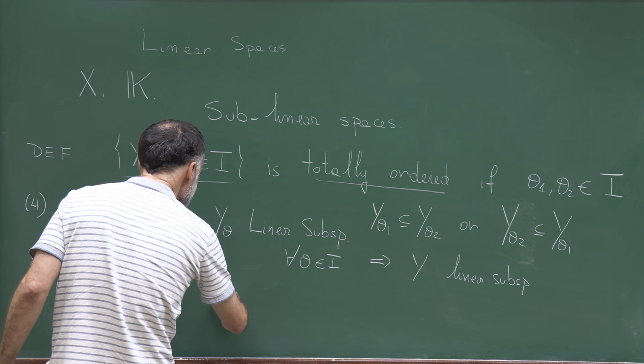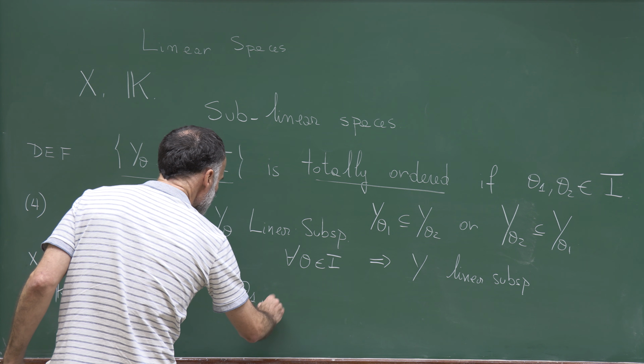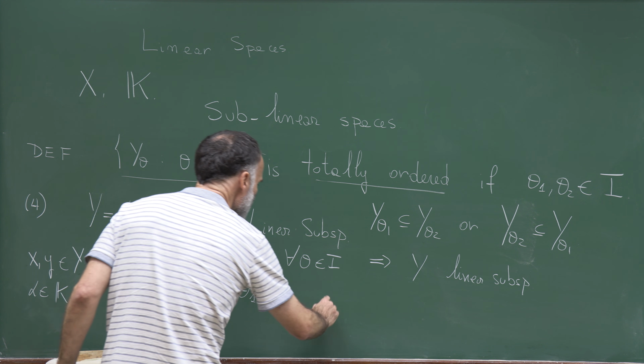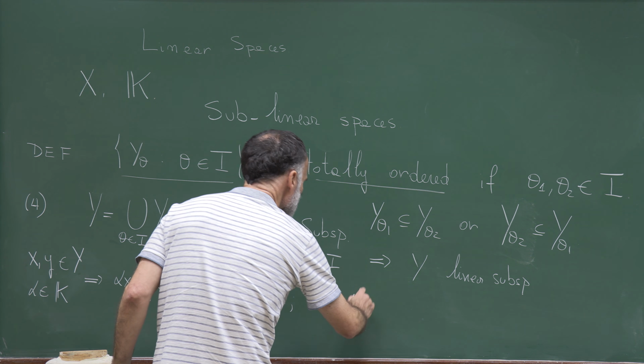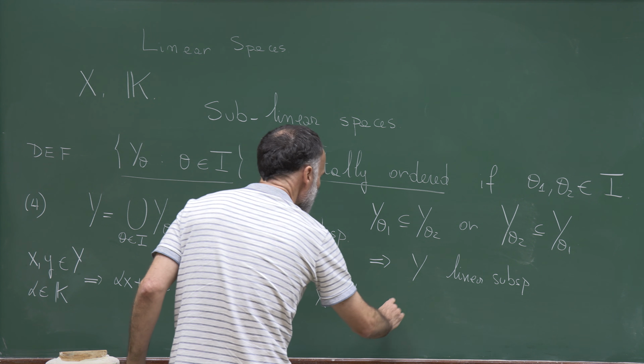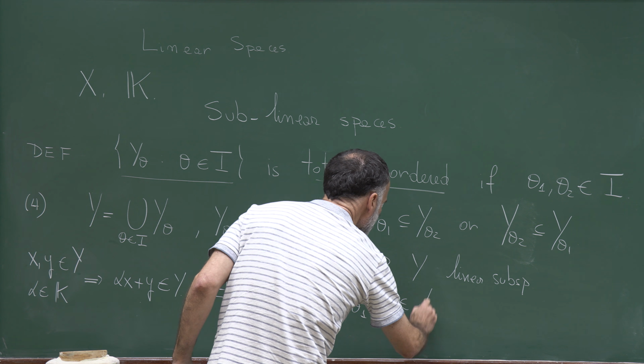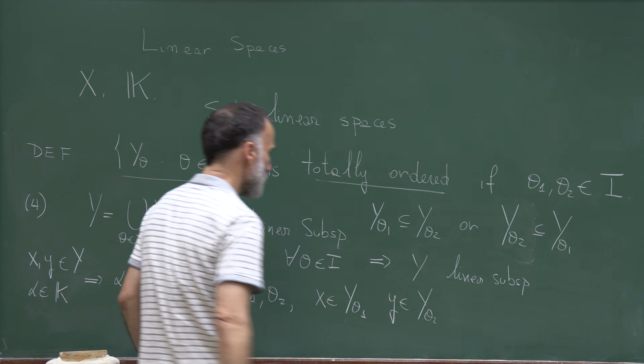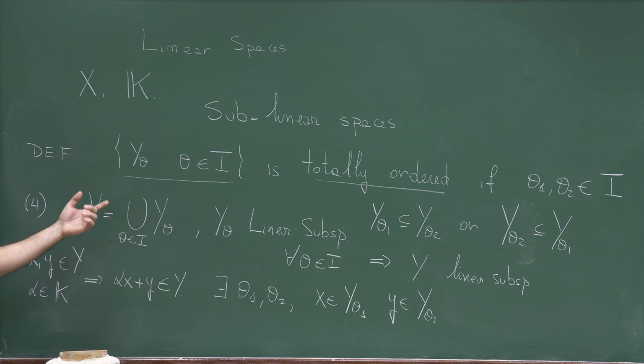So there exist theta 1 and theta 2 such that x belongs to Y theta 1, and y belongs to Y theta 2, because x and y belong to the union.